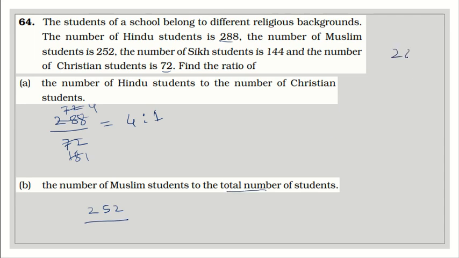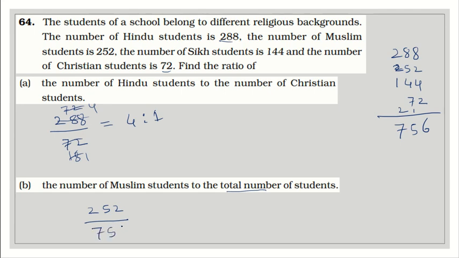So for the total number, I have to add these numbers: 288, 252, 144, and 72. 8 plus 2 plus 4 plus 2 is 16, and 1 carry. 8 plus 5 plus 4 plus 1 is 18... it is 5 and 2 carry, and 2 plus 1 plus 2 plus 1 is 7. So 756 total students are there.